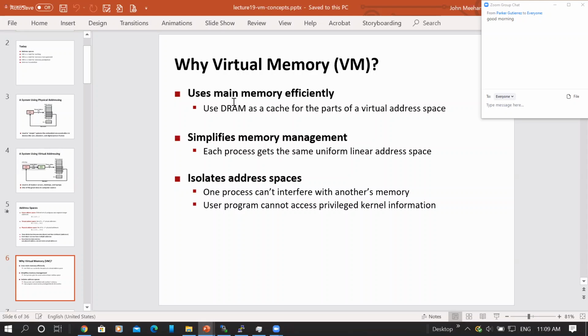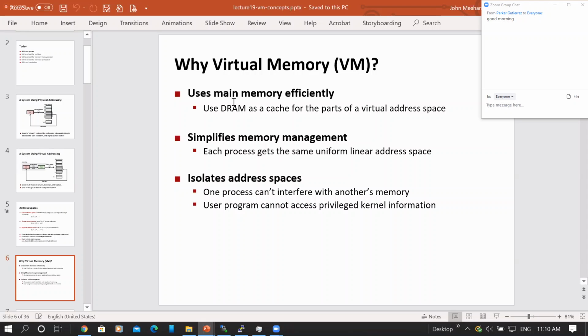And we don't have to hold the entire virtual address space for a process. We can't. It's bigger than all the memory we have. We're only going to hold little pieces of it at any given point in time in the actual physical memory on the computer. And so that's the key, right?